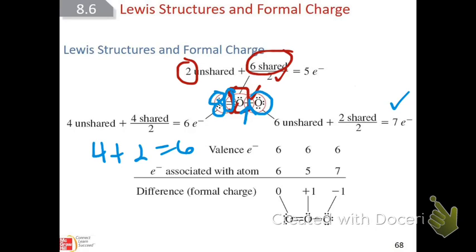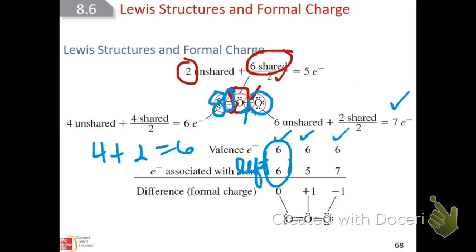Okay, so let's talk about the total numbers here. How many valence electrons does each one have? Each one of these oxygens has 6. Let's talk about the number associated with each one. On the far left, the left oxygen, 6 minus 6 is 0.